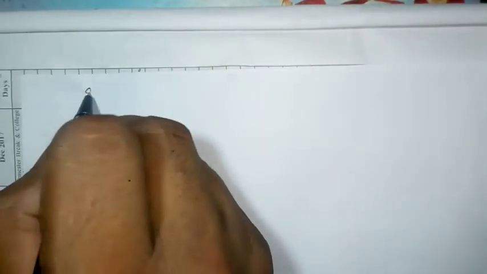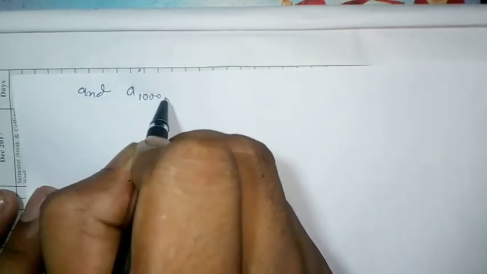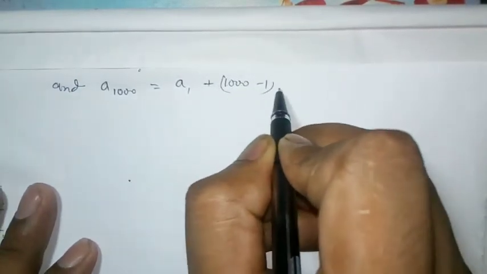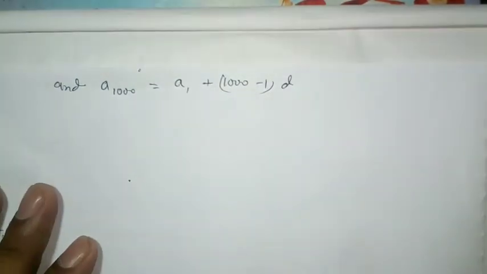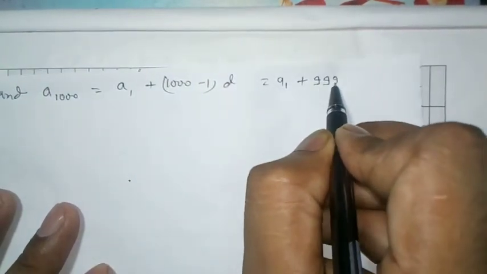And A1000 is equal to A1 plus 1000 minus 1 into D is equal to A1 plus 999D.